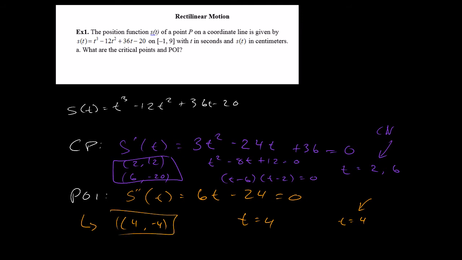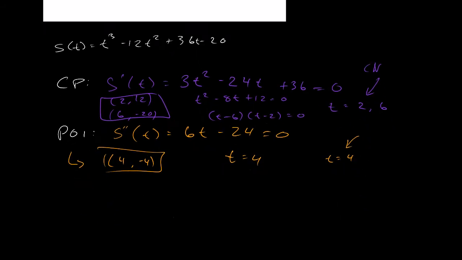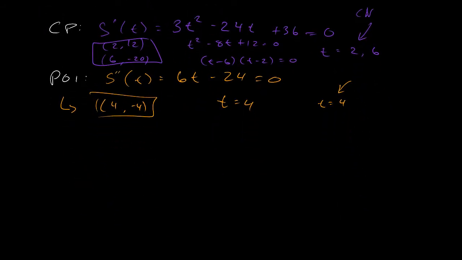In the second part, what does it physically represent? You have to think, what are we looking at here? Well, when our first derivative, s prime of t, is equal to 0, that represents our velocity, and our velocity is equal to 0. If our velocity is equal to 0, then we're not moving.